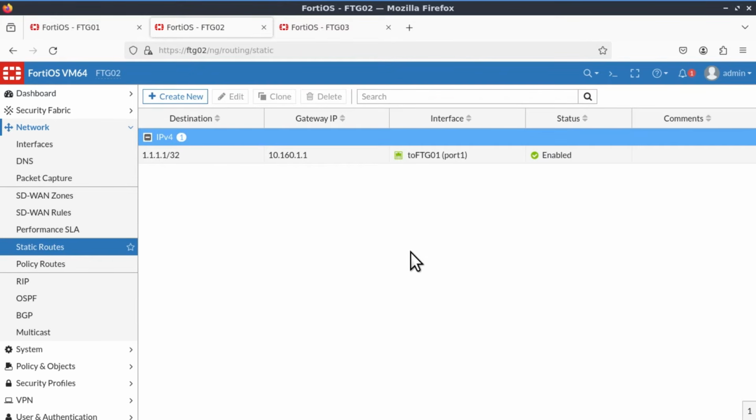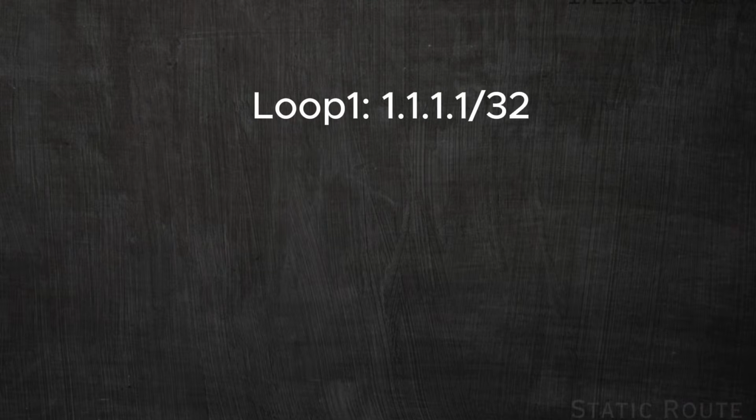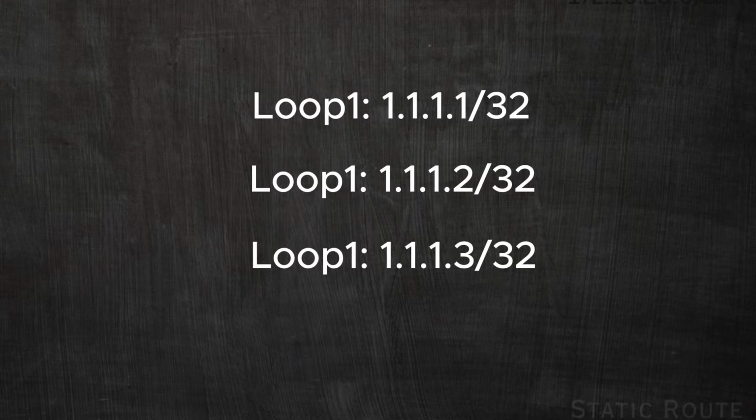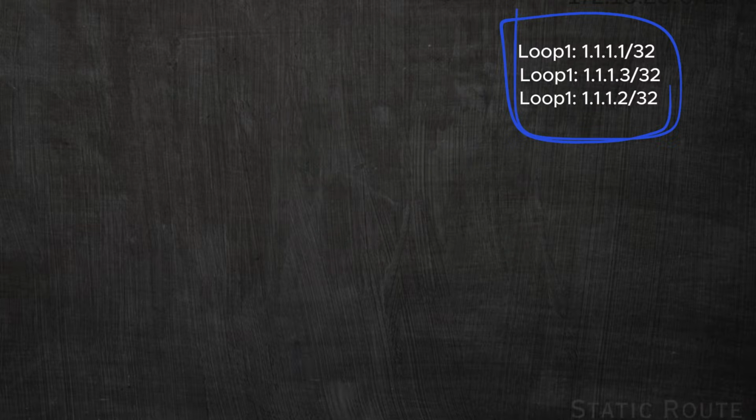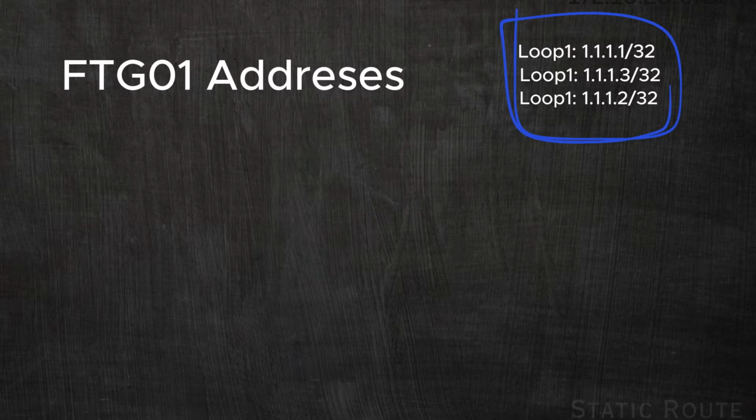Okay, so what I meant earlier is the reason I haven't created the loopback interfaces yet: it's a manual process and it's a lot of work. Not just to create the loopback interfaces, but what I've decided to do is I want to be very granular in this lab. I want to create all the interfaces on Fortigate 1, meaning 1.1.1.1, 1.1.1.2, 1.1.1.3. I want to create all these as address objects and then group them and call them Fortigate 1 addresses.